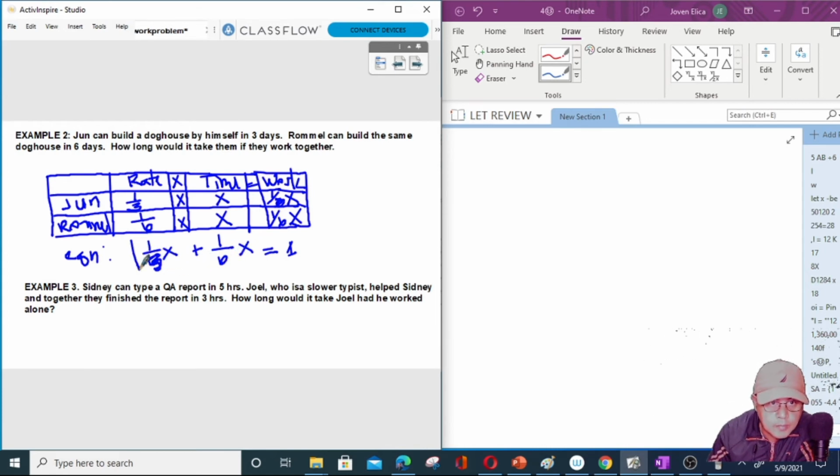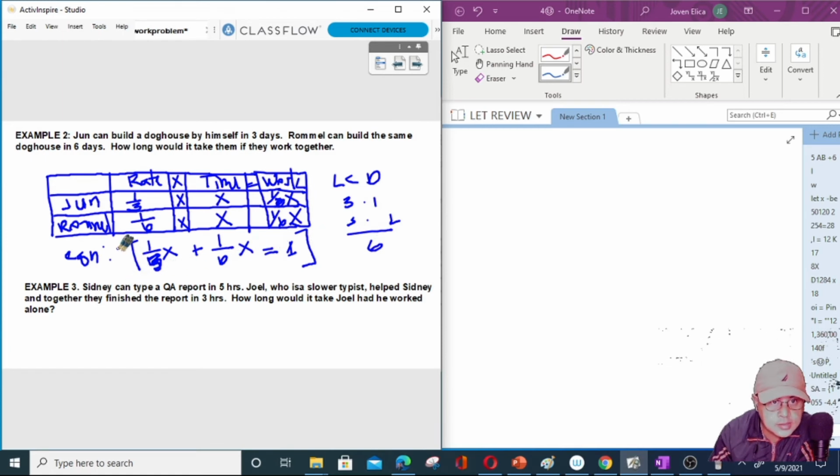So let us get the LCD. The LCD is 3 and 6. 3 times 2, the LCD is 6.